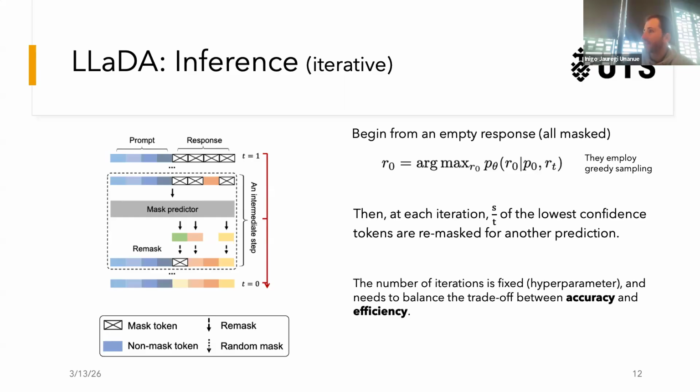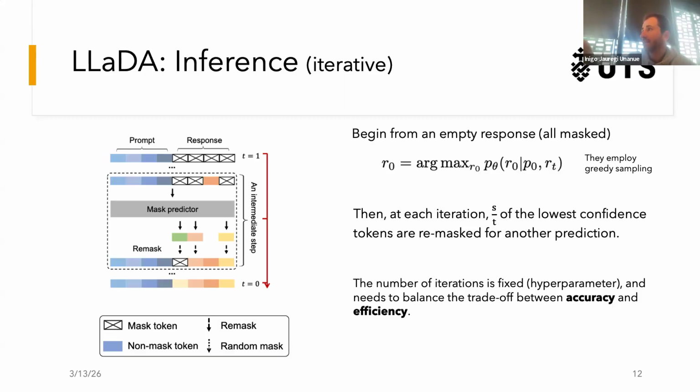Once the model has predicted the first tokens, the S divided by T lowest confidence tokens are remasked. Then there is another iteration where some of the tokens are masked, some are kept, and then again. That number of iterations is a fixed hyperparameter in this paper. You do it 3 or 4 times, and then eventually you generate the full text.